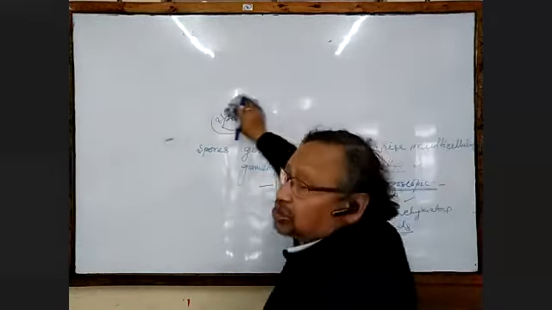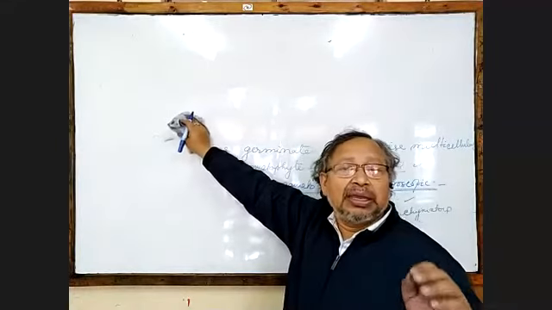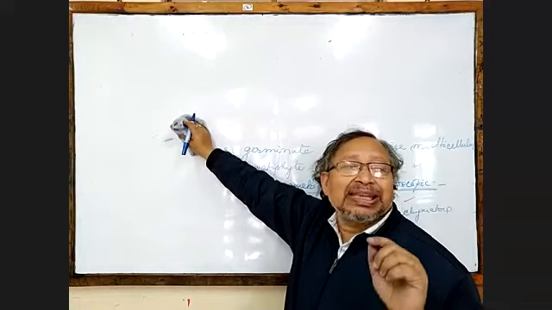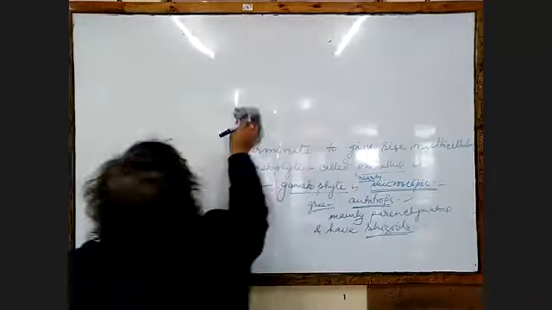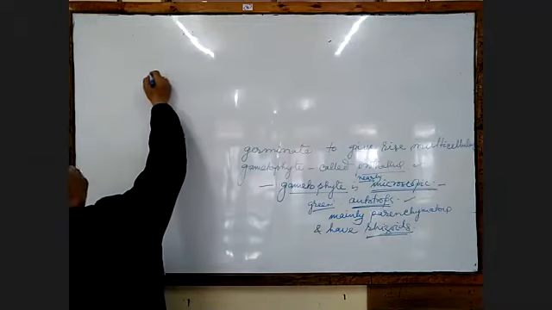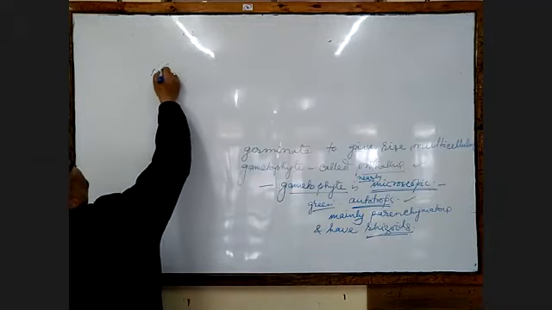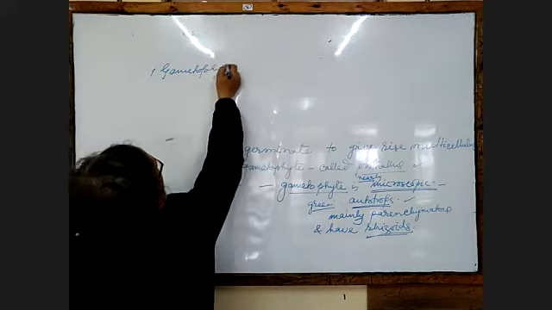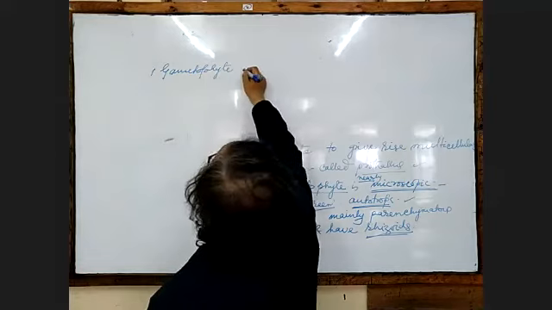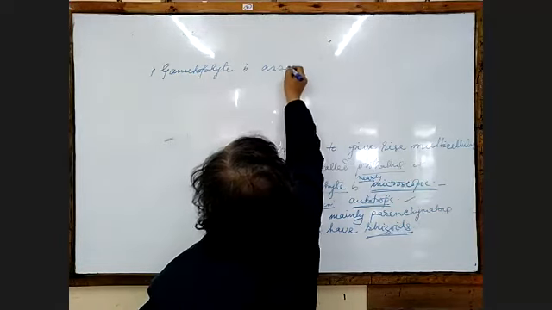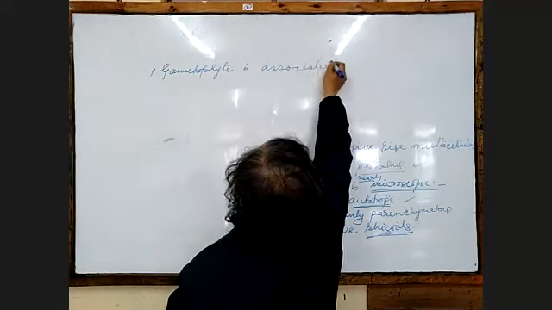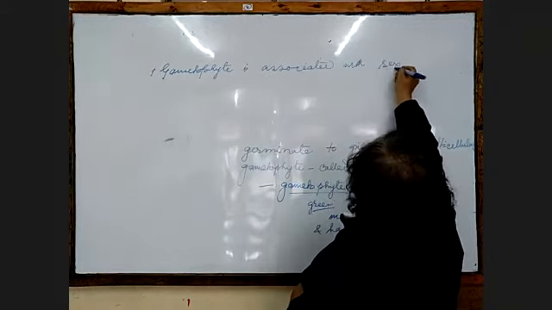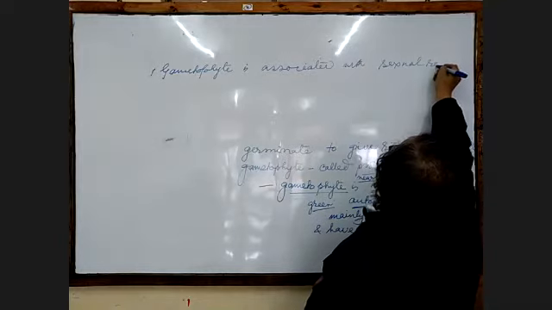The gametophyte is associated with gamete formation. So the gametophyte, or the prothallus, is associated with sexual reproduction.